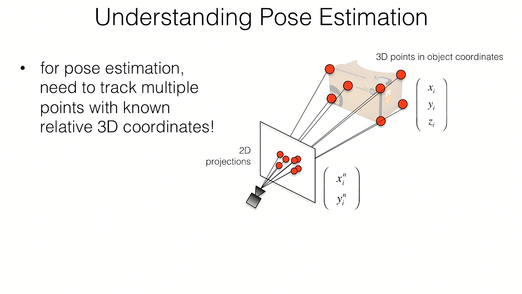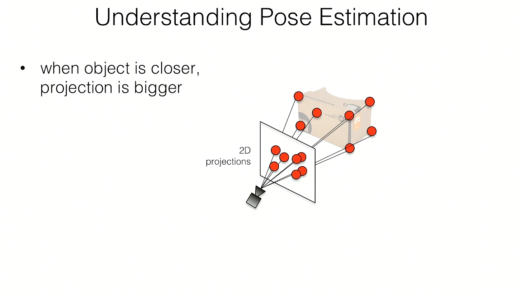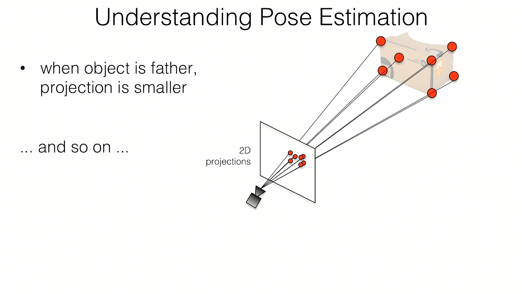What we measure are the camera coordinates xn and yn, and from those coordinates we want to infer the 3D pose. So intuitively, as the headset gets closer to the camera, the points move farther apart. As the headset moves farther away, the points are going to be closer together. And this is exactly the information that we want to use with our algorithm to track this.